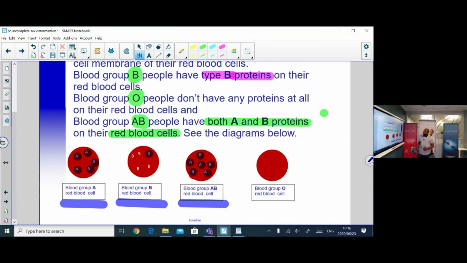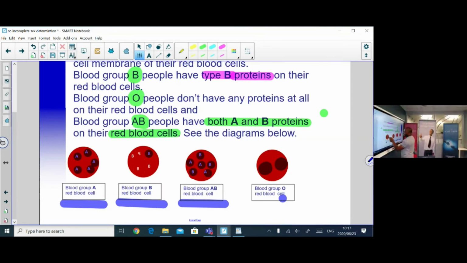Great. Are you making sense out of this? I hope so. If you go to group O, we said it's plain. So rather we find nothing.